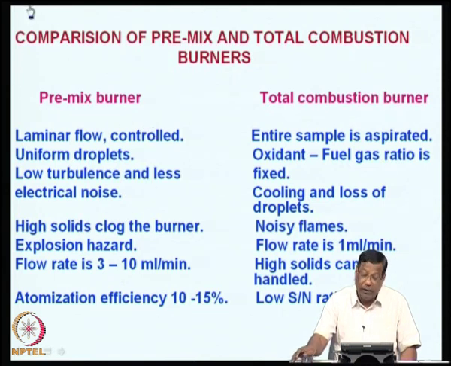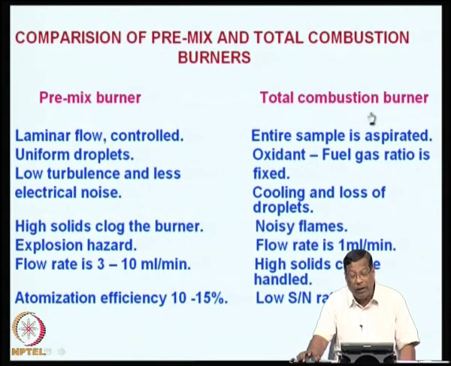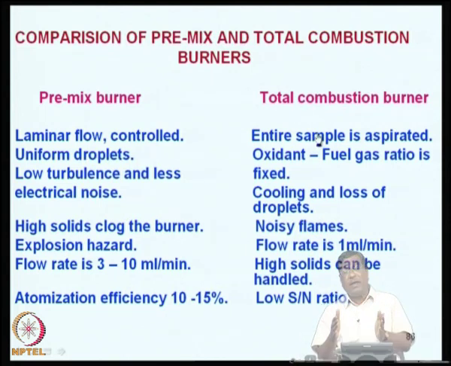So, you should get very high efficiency. If you get very high efficiency of atomization, your detection limit would be much better. That means, you can go down to very low levels of detection of the order of 0.1 ppm, parts per million.